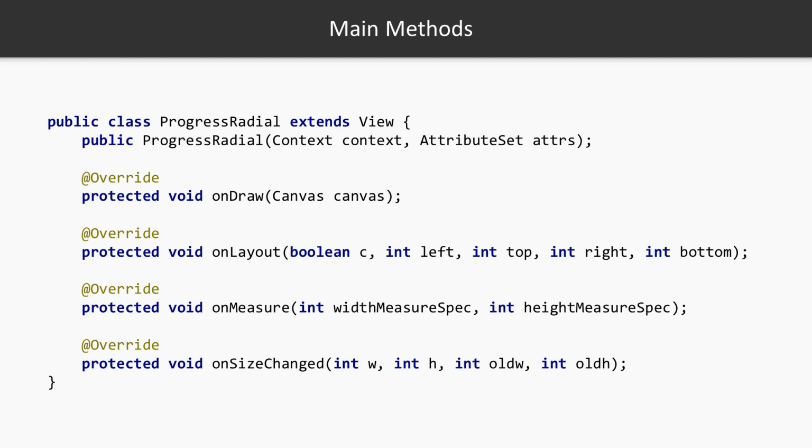Also, if you intend for your element to be resized, you'll need to implement the onSizeChanged method where you'll notify your element that it needs to be redrawn or some parameters need to be recalculated.